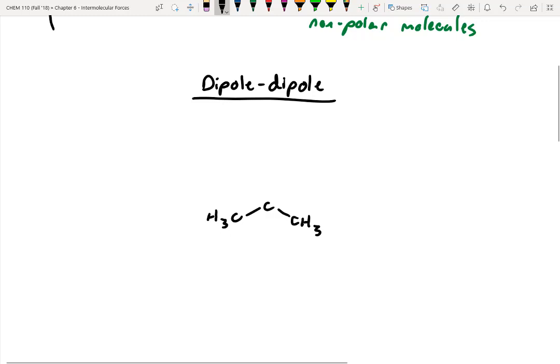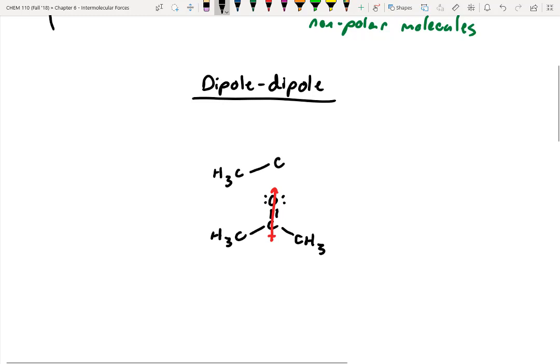This is acetone. Acetone is used a lot in nail polish remover. So if you ever get that smell of nail polish remover, that's acetone. If we look at this molecule, it does have a permanent net dipole pointed up, right? So that oxygen is basically hogging electron density away from the carbon underneath it. So the dipole is pointed in the up direction. And this will essentially stack with another acetone molecule because this one also has a net dipole pointed up.